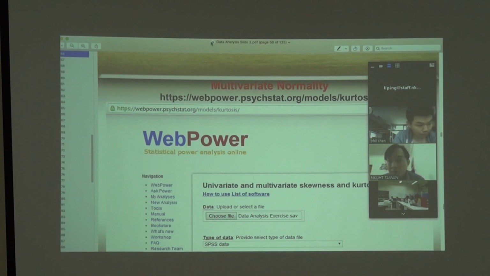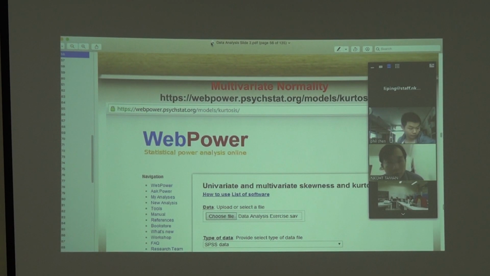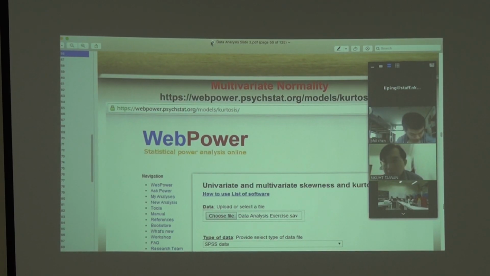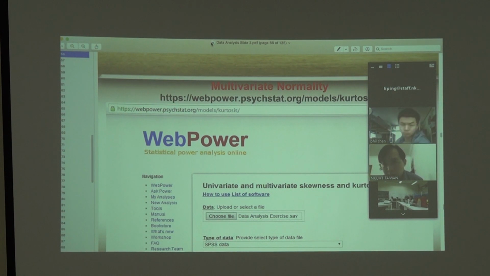Alright. Now, few days ago, we learned about skewness and kurtosis. We learned about Z-score. So these are univariate normality, univariate outliers. Okay.